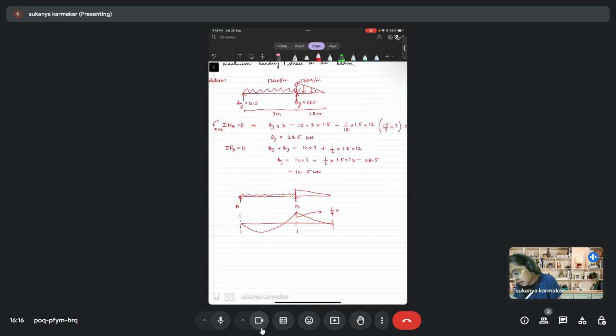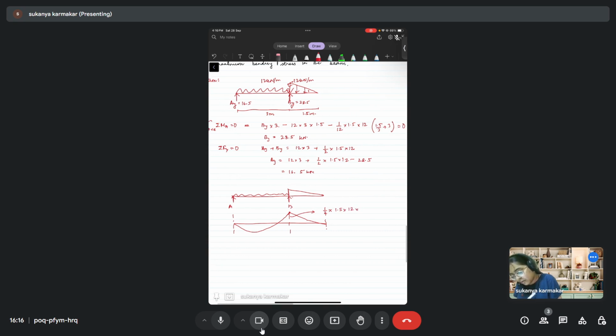half into base is 1.5 into height is 12 into 1.5 by 3. So this value comes out to be, I'll just plug in the values, 4.5 kilonewton meter.